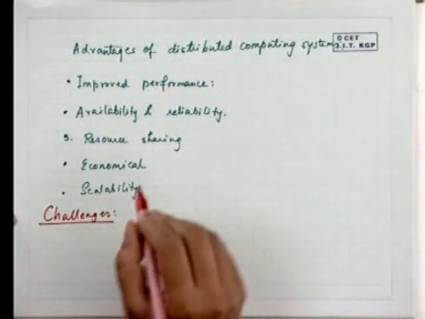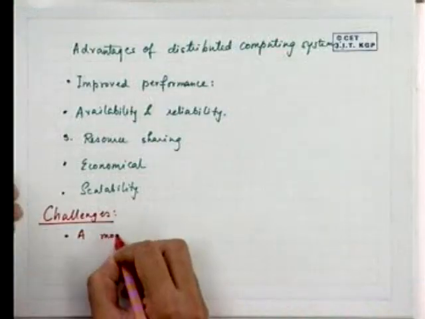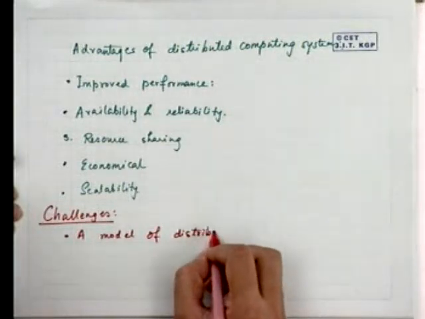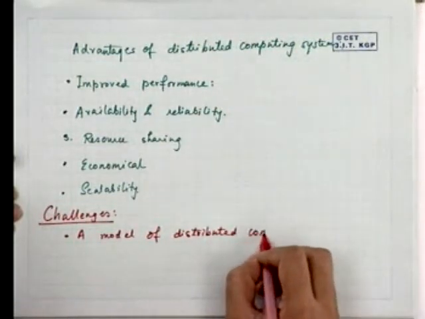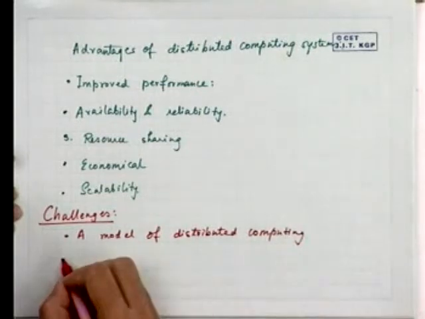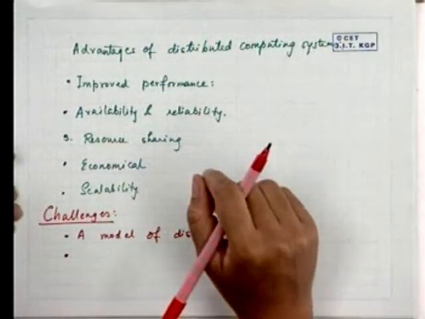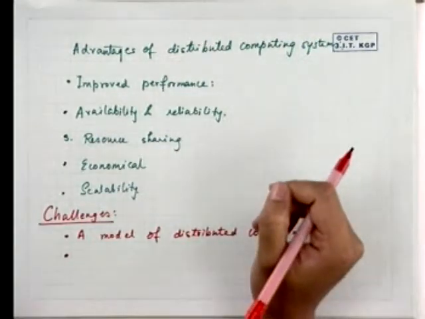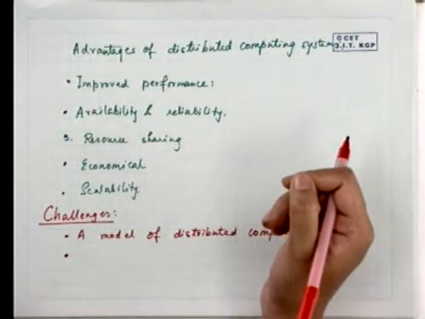So the challenges are, first, to get a good model of distributed computing. Secondly, we must provide transparency. Transparency in all forms: hardware transparency, data location transparency, service transparency, etc., so that the programmer or the developer does not face unnecessary hurdles in trying to write programs.